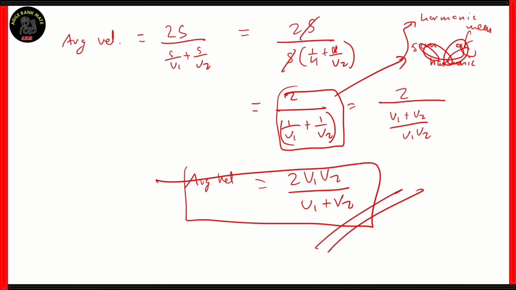That means it's the mean of two elements from a harmonic series. The reason it's that is because we find fractions in the denominator being added together. That's a classic sign that it's a harmonic mean. So therefore, average velocity is 2v1 v2 over v1 plus v2. We got this from the harmonic mean of 1 by v1 and 1 by v2. I mean, the harmonic mean of v1 and v2.